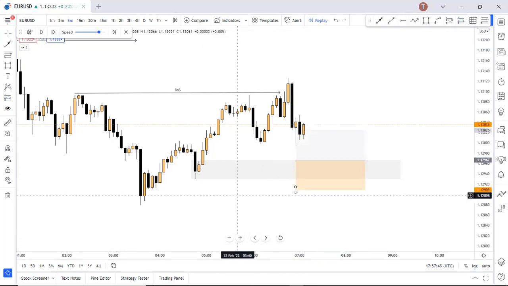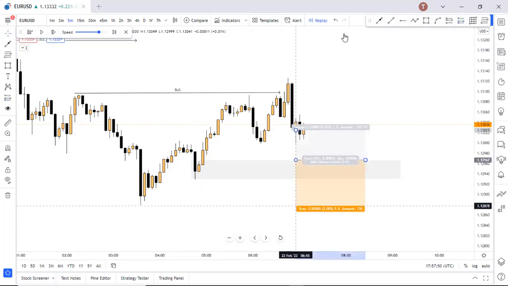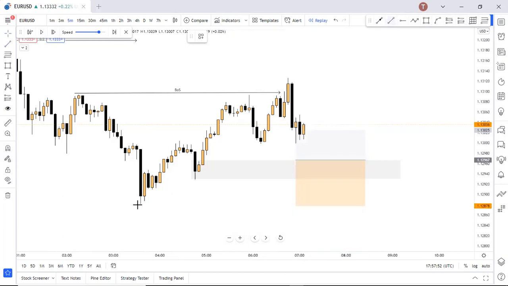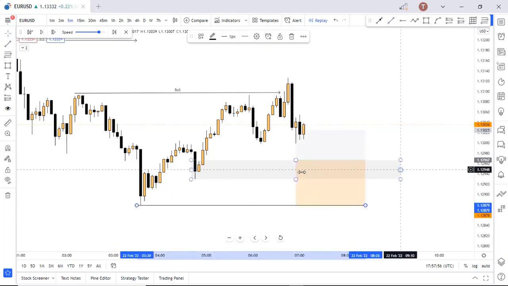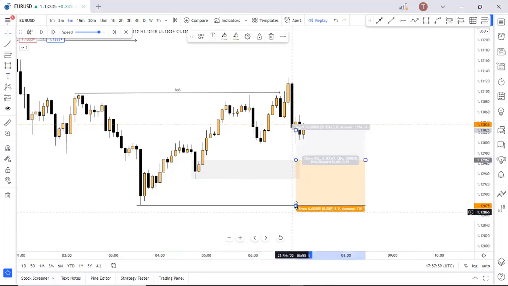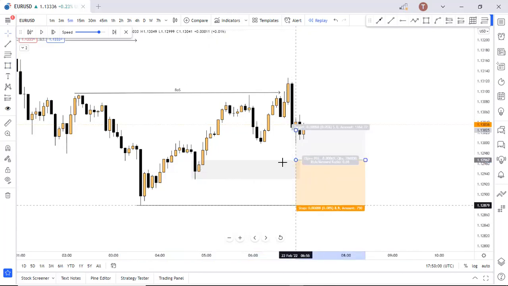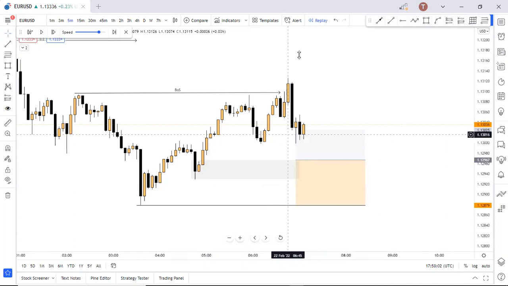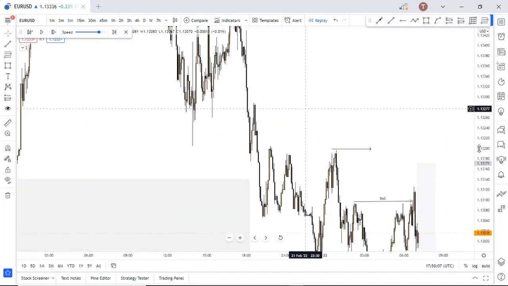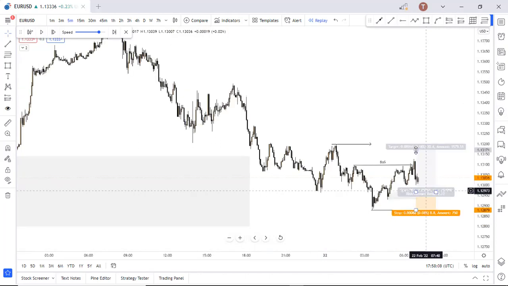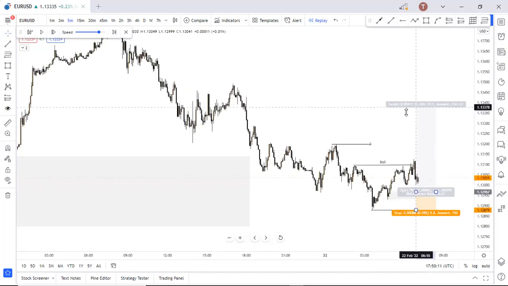And for stop loss, I decided to use this last low as my stop loss, giving me just about 8.9 pips stop loss, and I targeted this imbalance right here for my take profit.